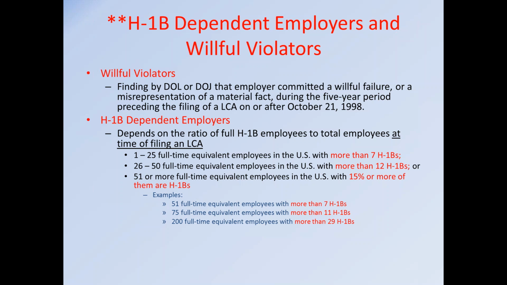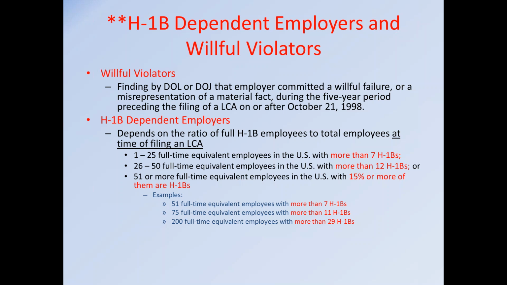So you would have 10 full-time equivalent employees of those 20 part-time, 20 hours a week, based on 40 hours a week. So employers who have 1 to 25 full-time equivalent employees in the U.S. and have more than 7, so 7 you're okay, but more than 7 not okay, would be an H-1B dependent employer.